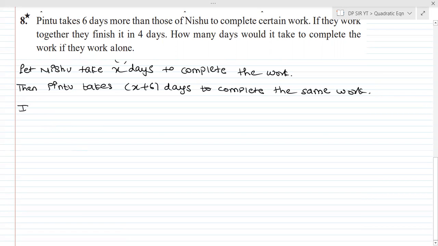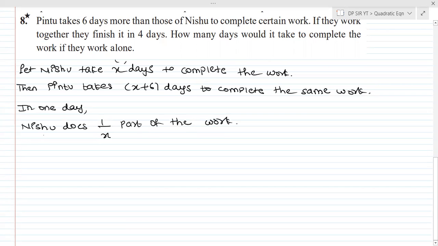So in one day, Nishu does 1 upon x part of the work, and Pintu does 1 upon x plus 6 part of the work.